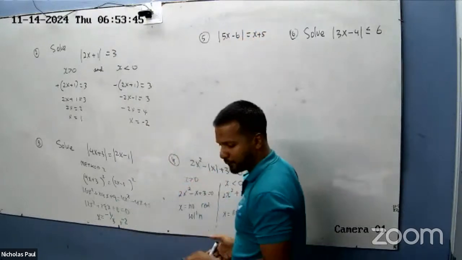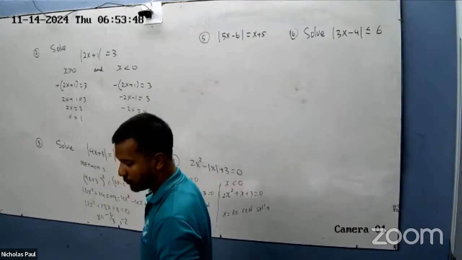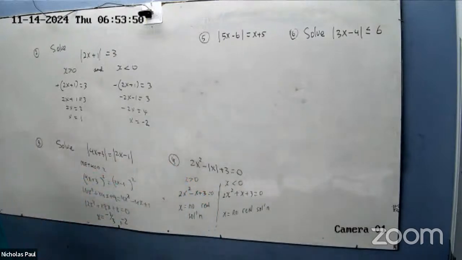Alright, try these two past papers here, 5x minus 6.